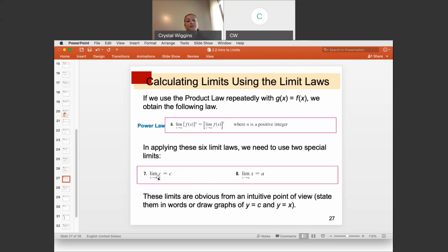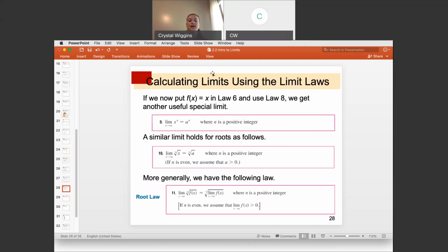So when you're taking the limit of a constant function, it's always going to be equal to the constant because it's constant. I know this is the definition of a constant. And if you're taking the limit of just the variable x, it is going to be equal to the value you're approaching, a. Okay, if we now put f of x equal to x in law 6 and law 8, we can also come up with some extra laws.